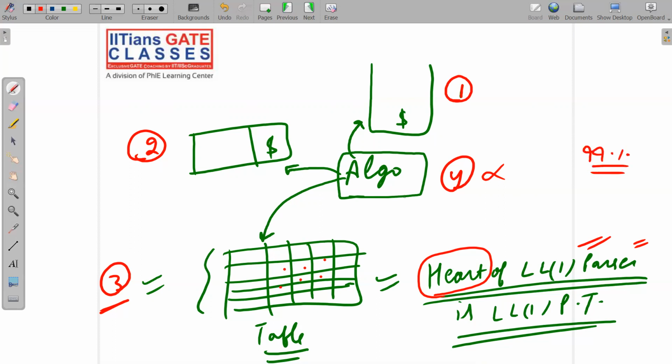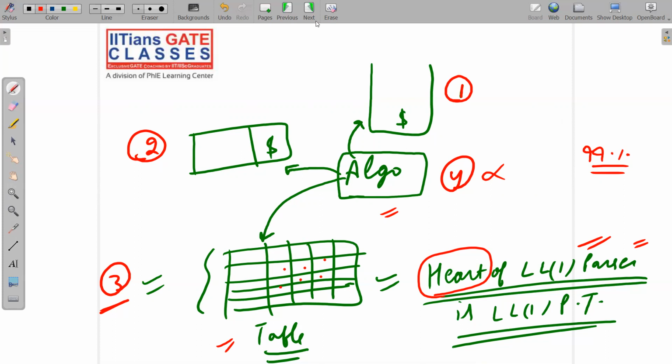Only 1% is left, that is your algorithm. You will be able to follow the algorithm very fast. There is no problem in it. The only problem is the table, so we will study this first. I hope I have made the point clear to all of you.